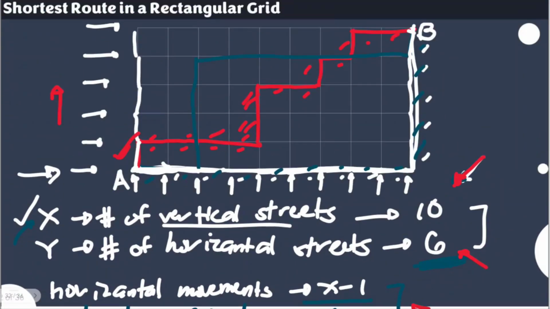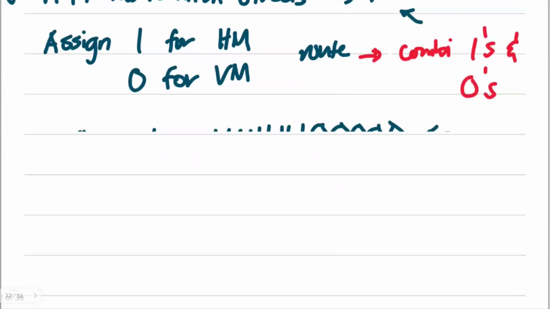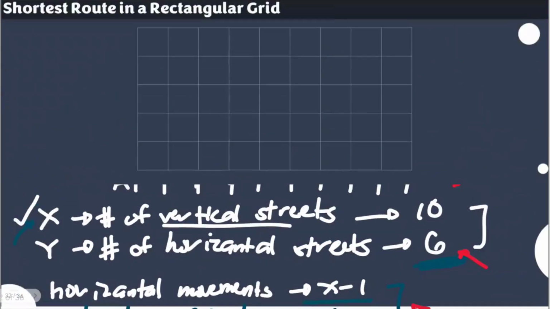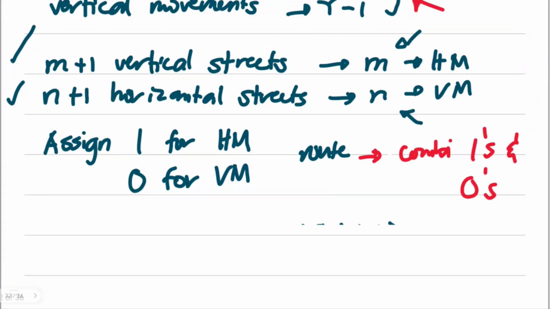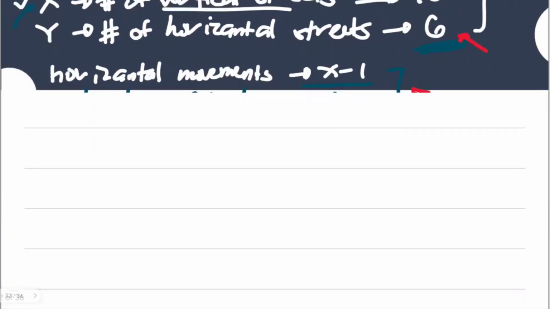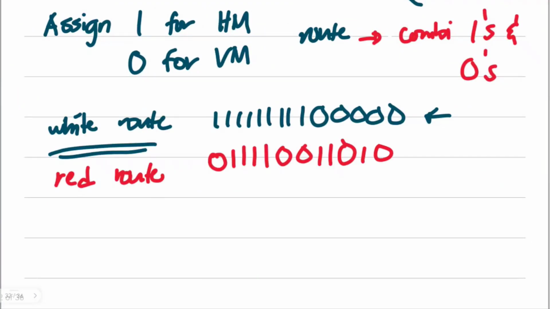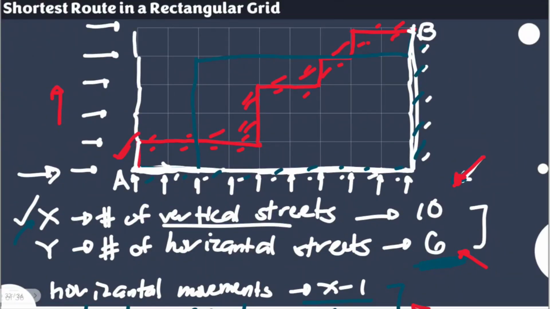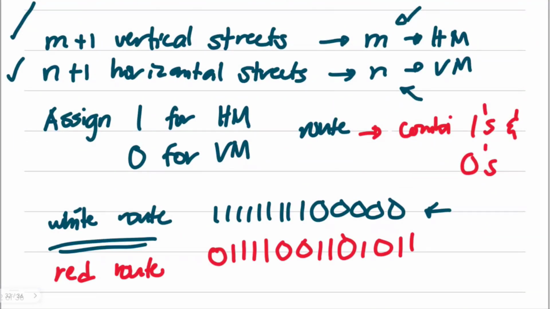Then another horizontal 2. That's 1, 1. And then you have here vertical 0. You will have here another horizontal, another vertical. So horizontal, vertical, and another 2 horizontal. You have 1, 1. So this is the red route. But as you can see, it's just a combination of 1 and zeros. And if you're going to compare both of them, they have the same number of 1s and the same number of zeros.